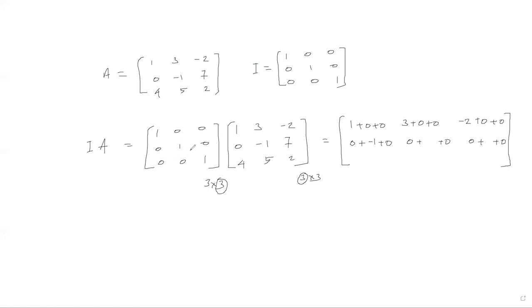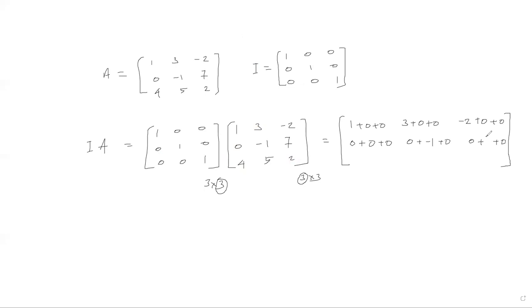Second row into second column, अरे यार no इधर भी 0 है, क्योंकि 0 into 3 0, 1 into 0 0, plus 0 into 4 0. Again 0 into 3 0, 1 into minus 1, minus 1, then 0 into 5 0. Again 0 into minus 2 0, 1 into 7, 7, plus 0 into 2 0.